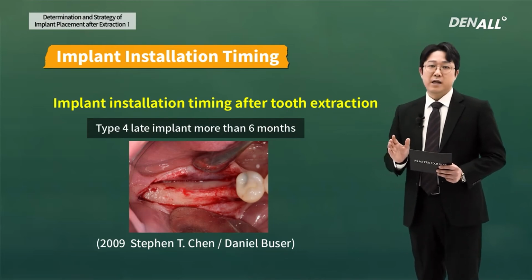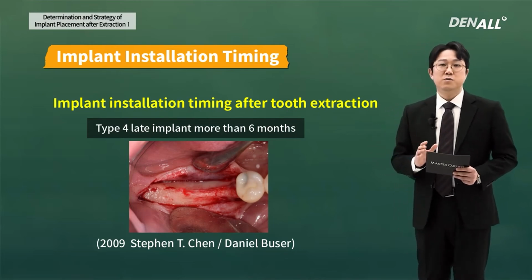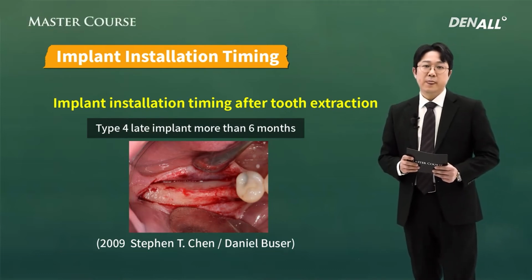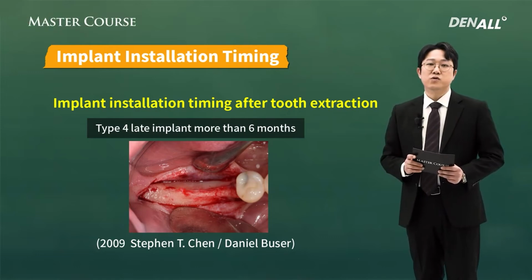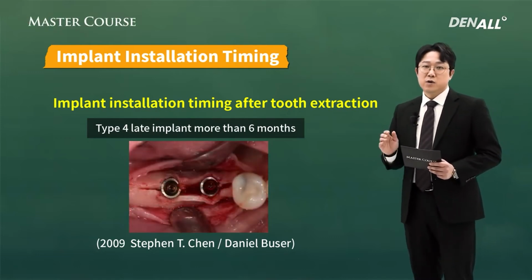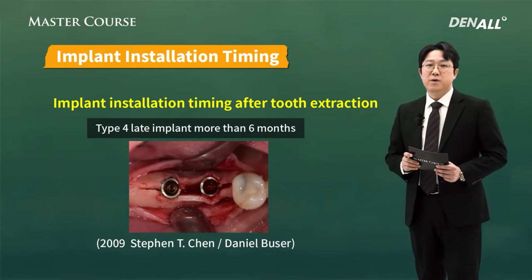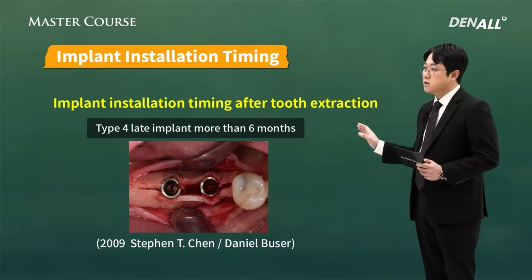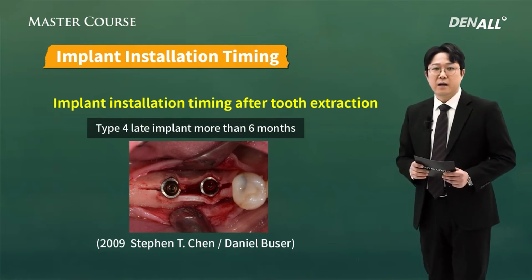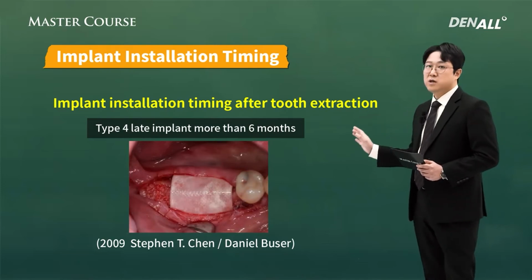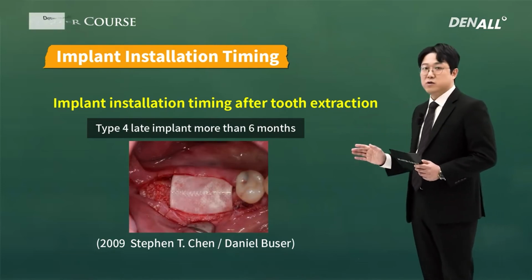Depending on the state of the socket at extraction, healing can differ, but if you look at the Scrubs literature, 1 year after extraction, buccal bone loss of 50% can occur. If you wait long, as shown, bone resorption can occur significantly. In such cases, when you place an implant, advanced techniques are required. A lot of bone graft is required, so you may feel more stressed about surgery.